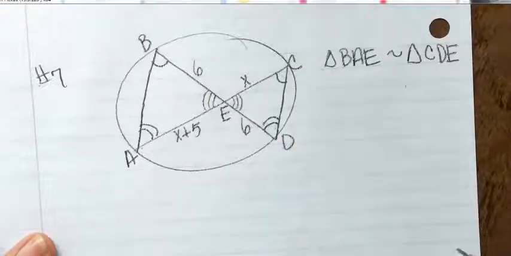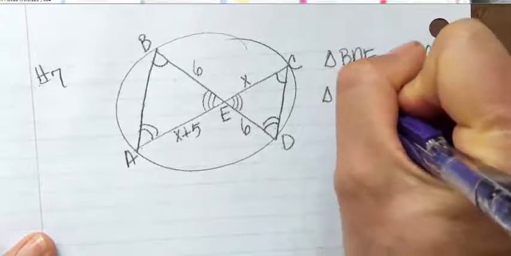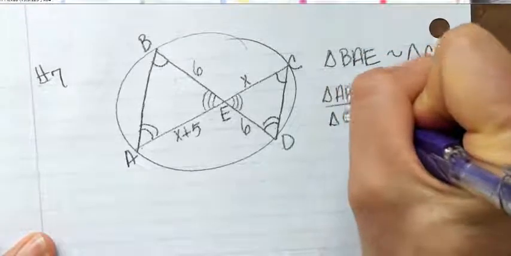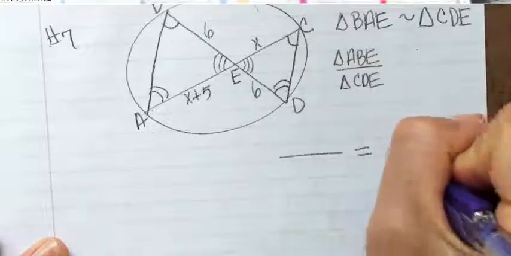In order to do that, I'm going to set up a proportion. I'm going to go with triangle ABE on top and triangle CDE on the bottom.